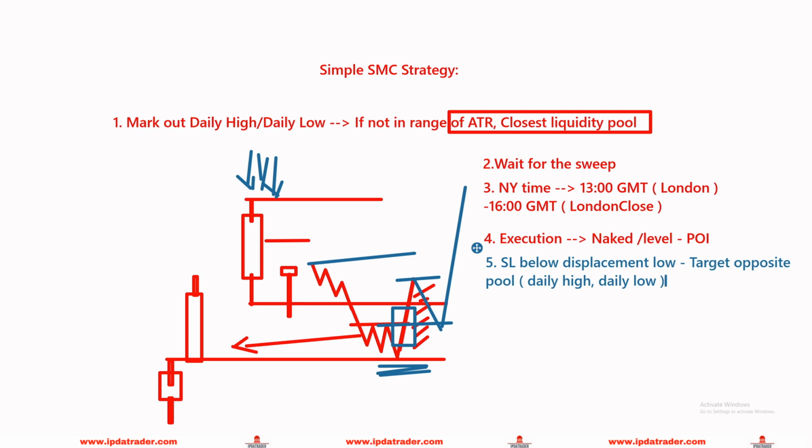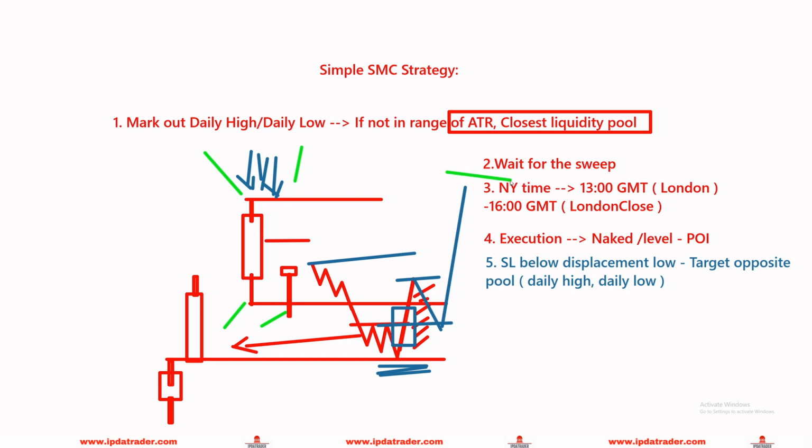Once again, let's go through them rather quickly. Step number one, mark out the daily highs and lows of the previous fully formed candle. In this case, over here. Step number two, you're going to be waiting for the sweep, whether that is to the upside or the downside. You don't really know at this point, but all you can do is wait for that to happen.